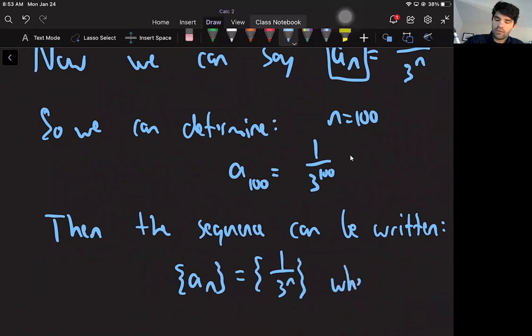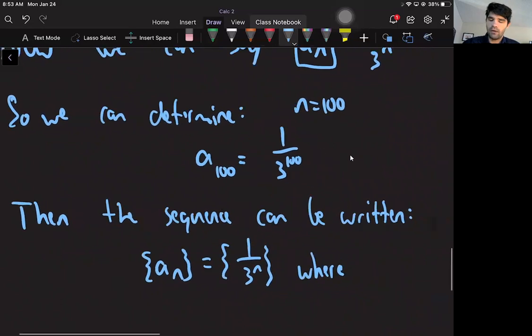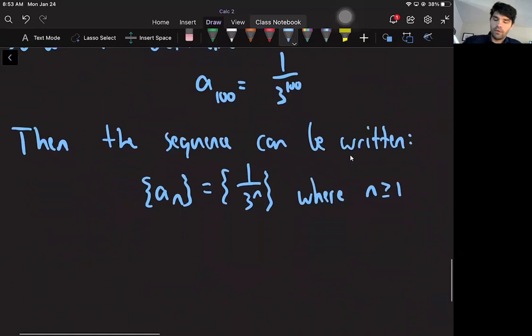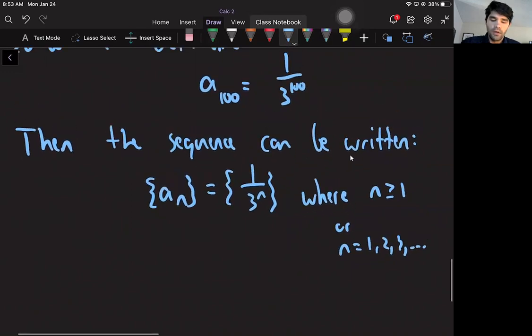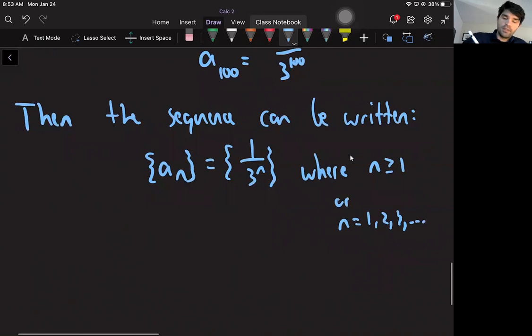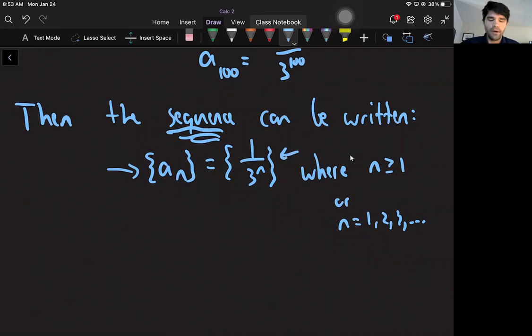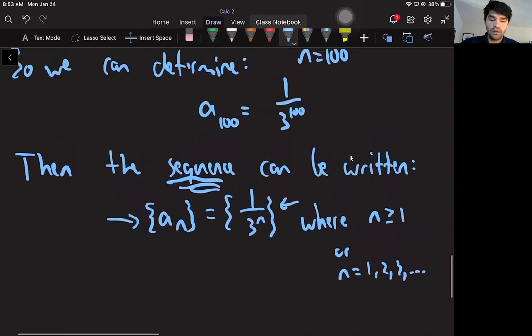But I have to say where I'm starting my count from, which will come in handy later, where n starts at 1. So I could write it like that, or I could just say n equals 1, 2, 3, dot, dot, dot, like that. Either way is okay. So this is the sequence. That's what this thing is, because it's got the curly braces on both sides. You can't have curly braces on only one or the other. It doesn't make sense if you do that.